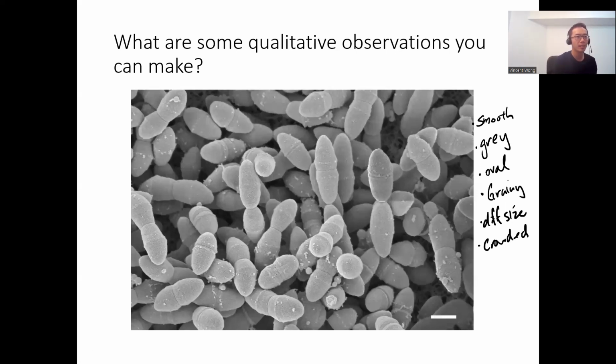Can you elaborate that a little bit? It's clustered. Yeah. You guys get the idea, right? If I give you a picture of whatever on the quiz and ask you to give me qualitative observations, you will be able to do that, hopefully.